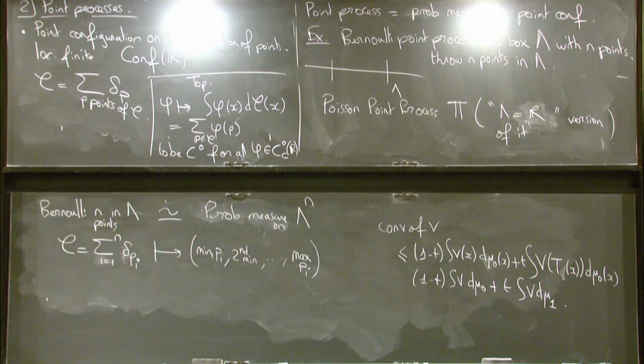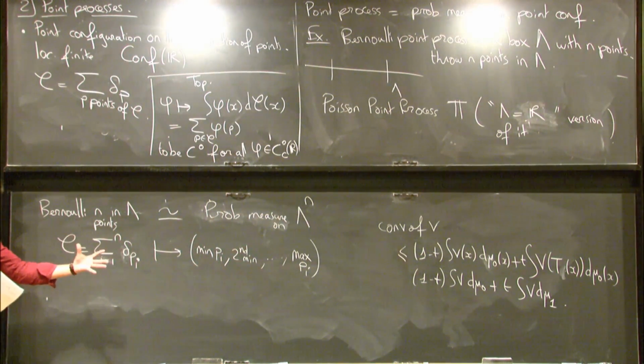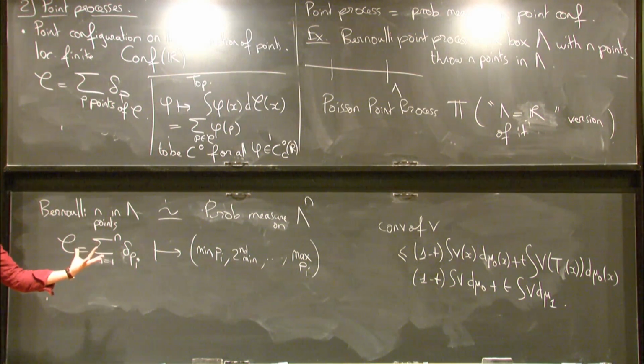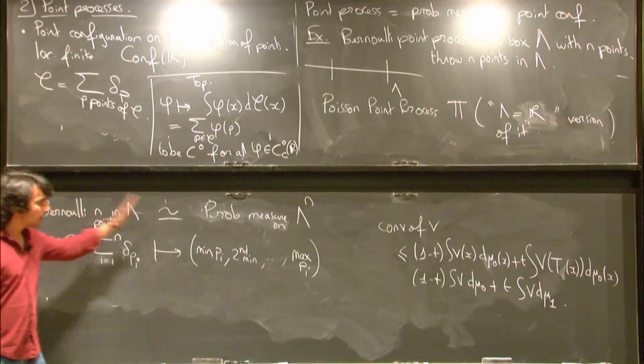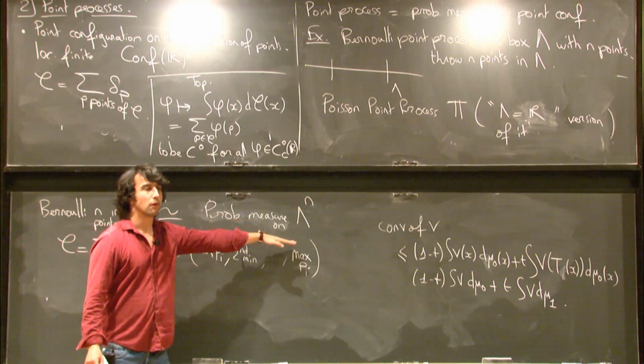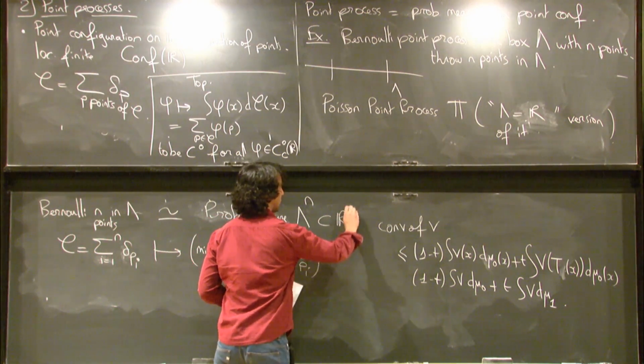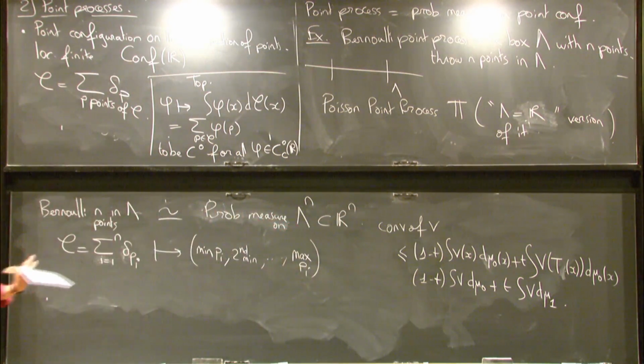The point I want to make is that this is at the level of point configurations where all the points are collected in one object. I can go back to something more familiar, which is a probability measure on a subset of Rn.